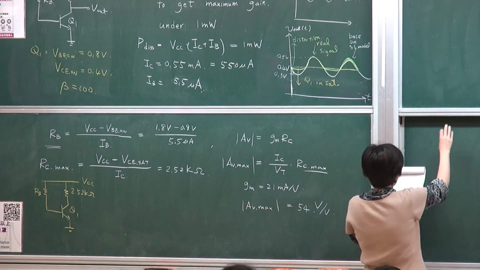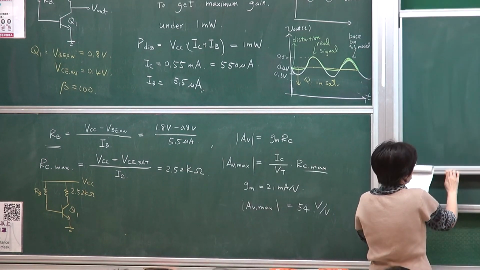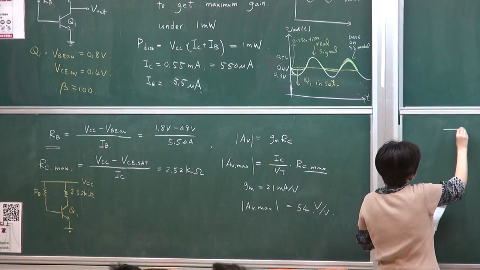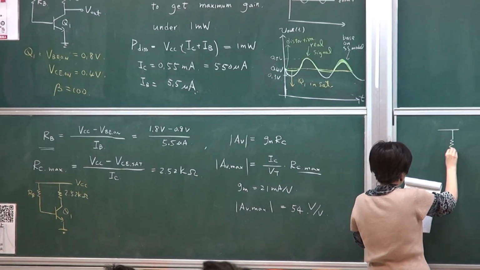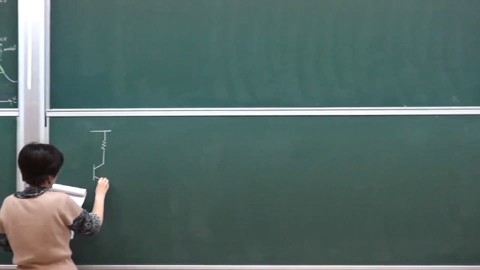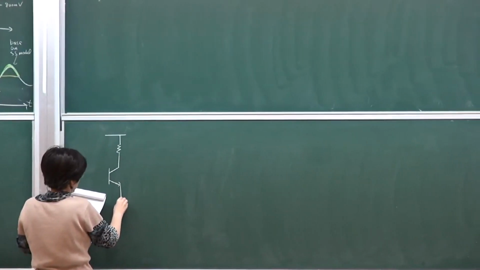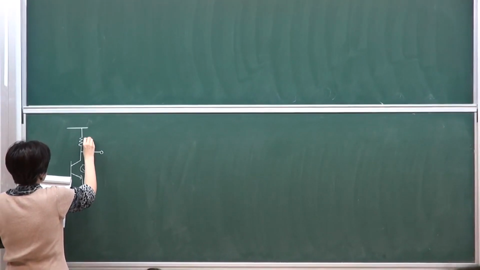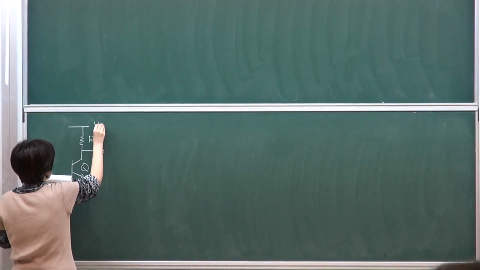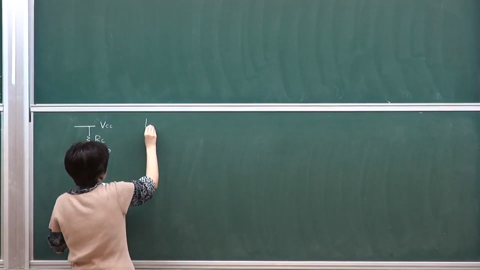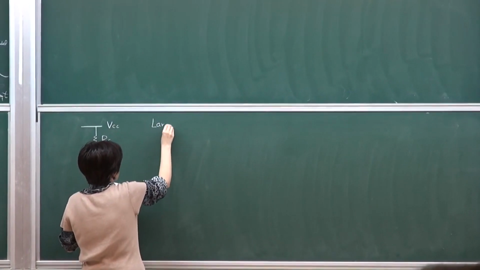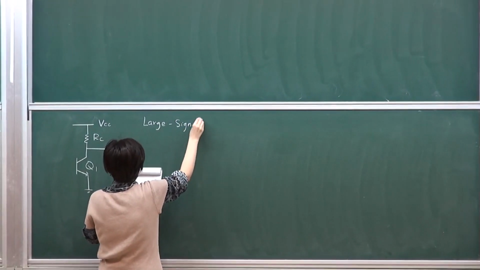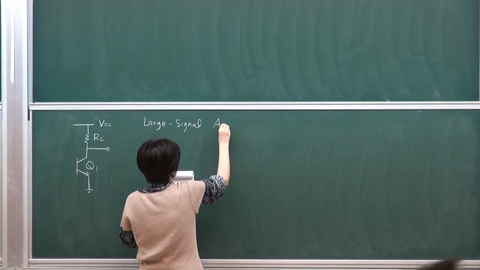So let's say if I have a circuit look something like this. So we want to do large signal analysis to get the whole rail-to-rail behavior of the whole stage.